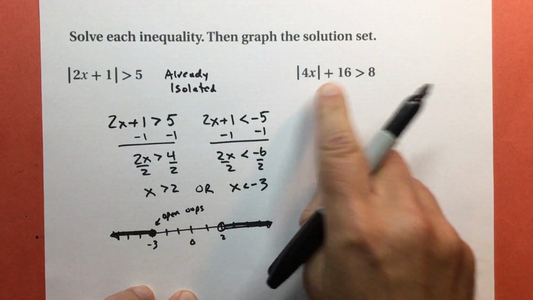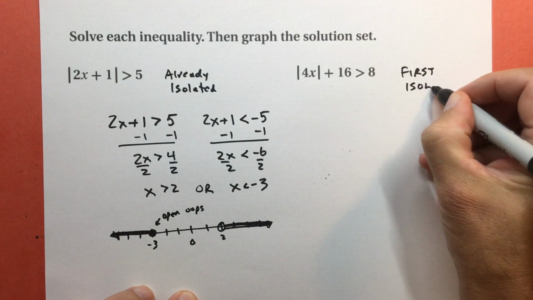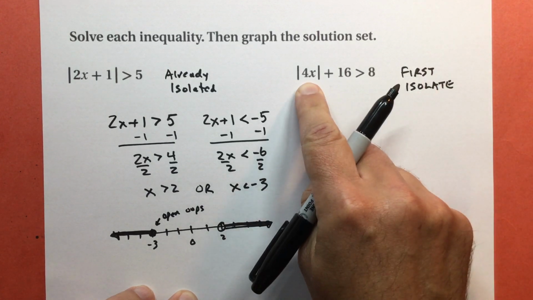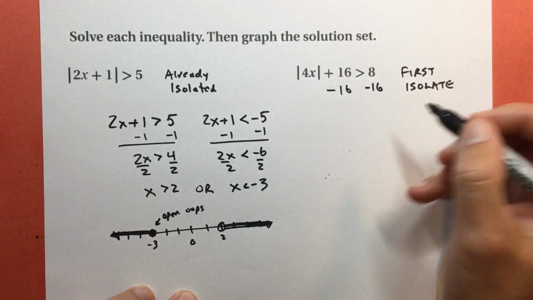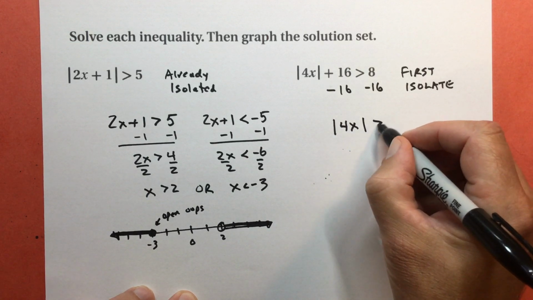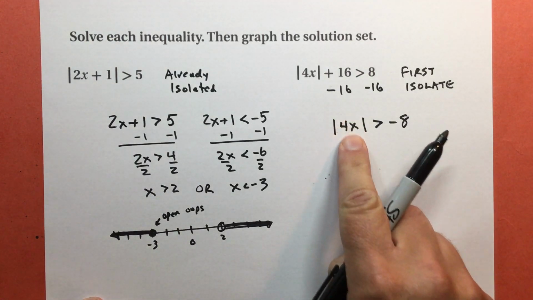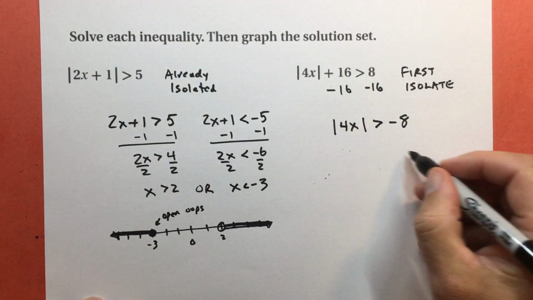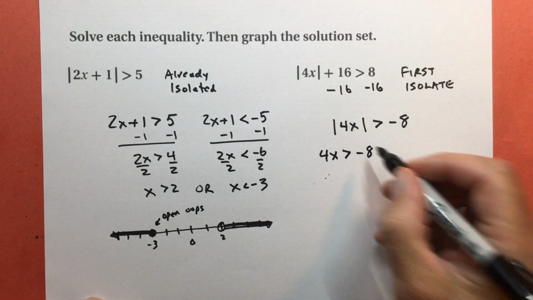Second problem. First, I have to isolate, which means I have to get the absolute value of 4x by itself. That's easy. I'm just going to subtract 16 from both sides. And I get the absolute value of 4x is greater than negative 8. So now, what's under here, I could start by saying 4x is greater than negative 8.